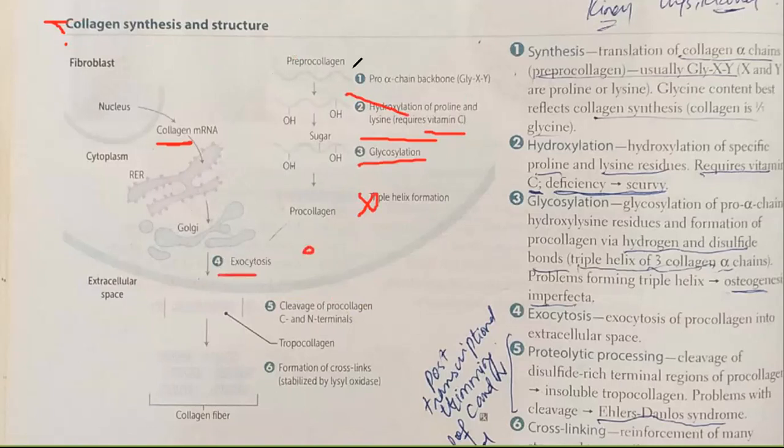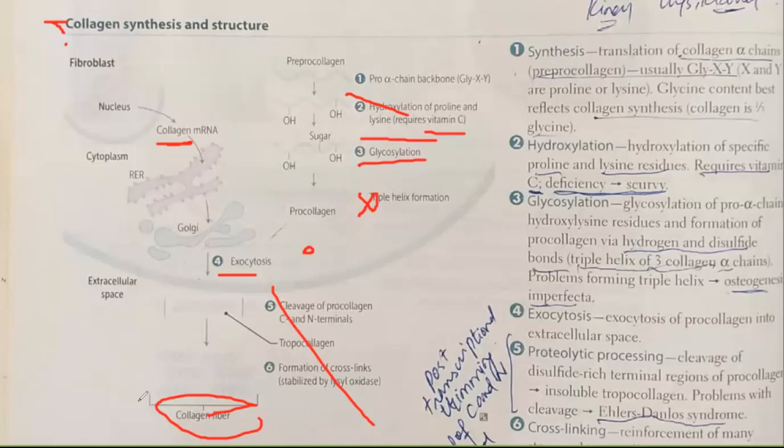It will not come out from this cell into the extracellular space. These steps will not happen, and you will not be forming collagen. And when you do not form collagen, there are diseases.